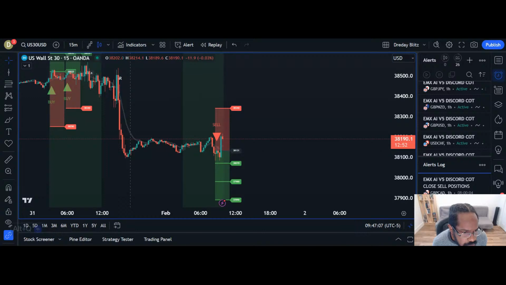Unemployment claim at 8:30. So unemployment claim. Let me pull it up. Just gonna refresh the page. So unemployment claim was negative. So there was a lot of unemployment claim, 224K.